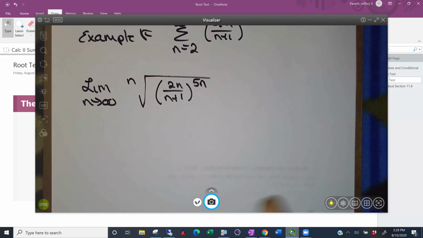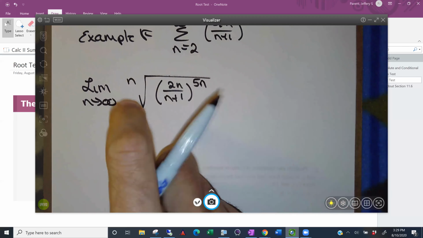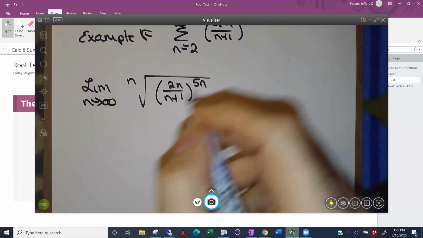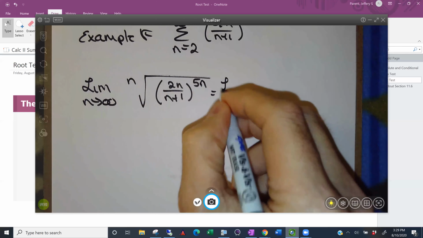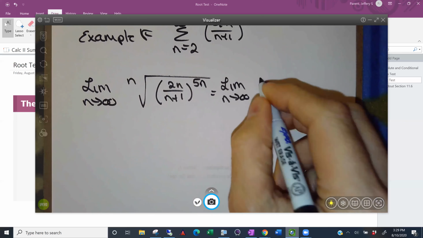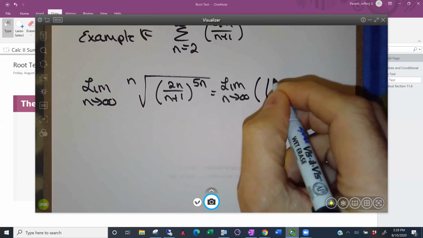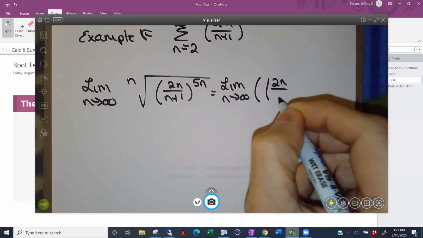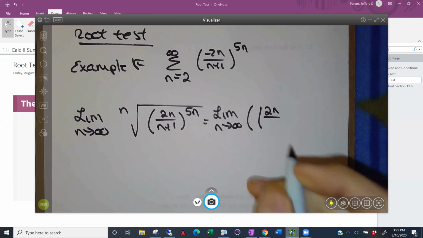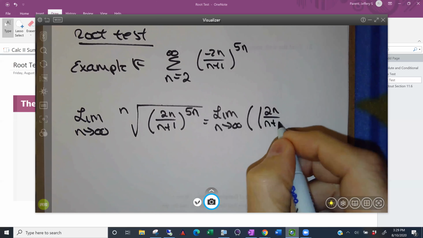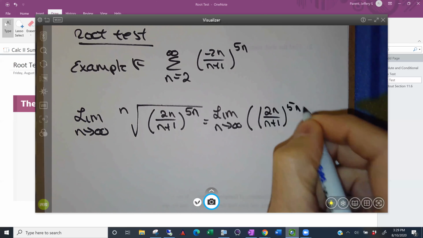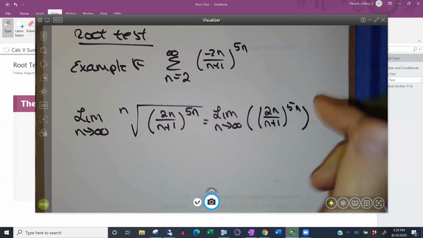It may help us in simplifying this if I rewrite this nth root using rational exponents. Limit as n approaches infinity of 2n over n plus 1 to the 5n raised to the 1 over nth power.